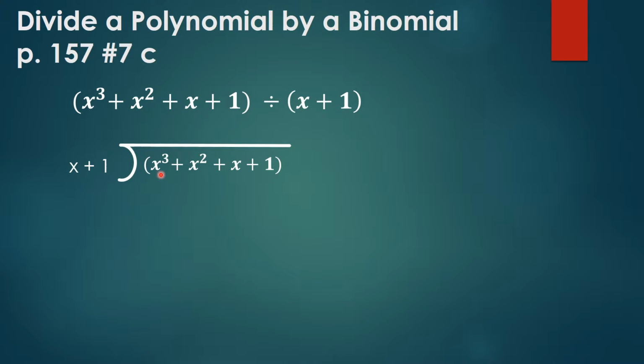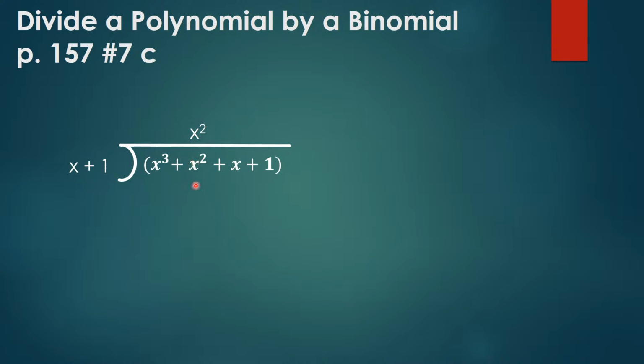Then you look at this question and you ask yourself, how many times will x go into x cubed? And the answer is x squared. So you put the x squared, which is a second degree term, above the second degree term x squared in your dividend.